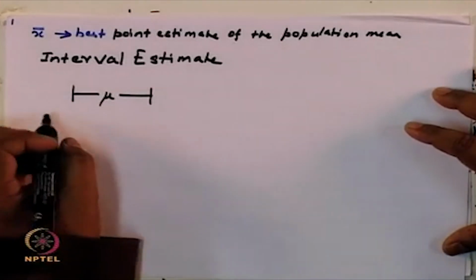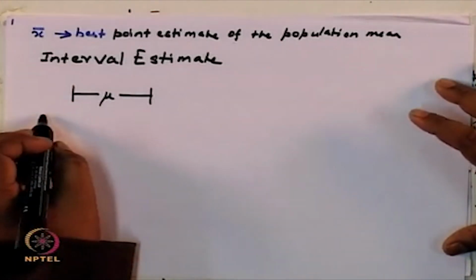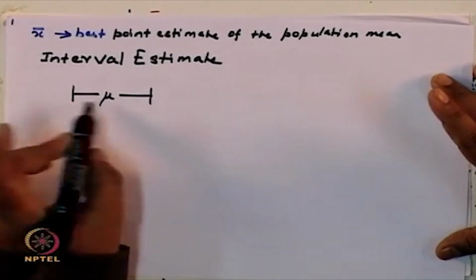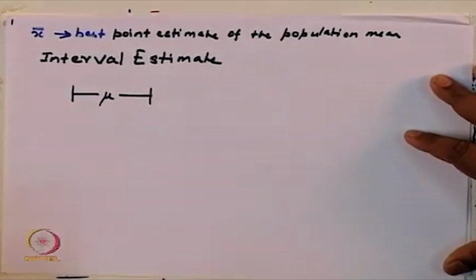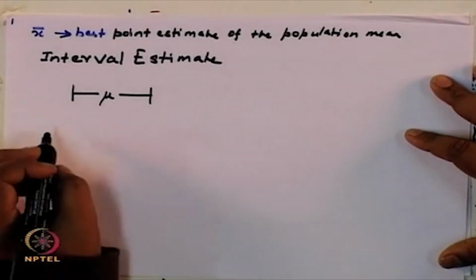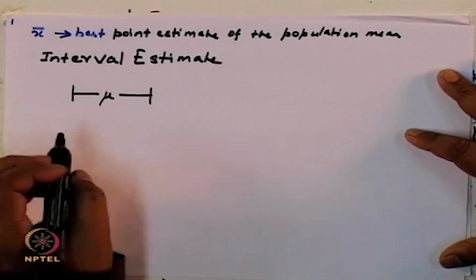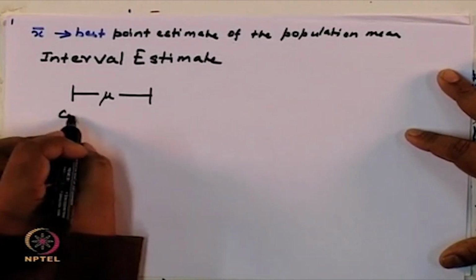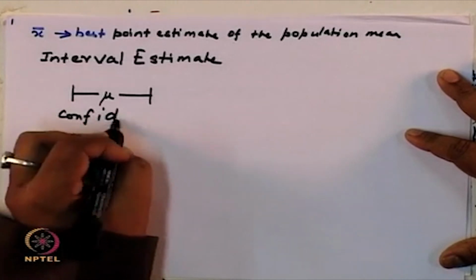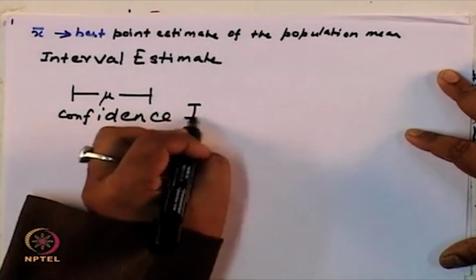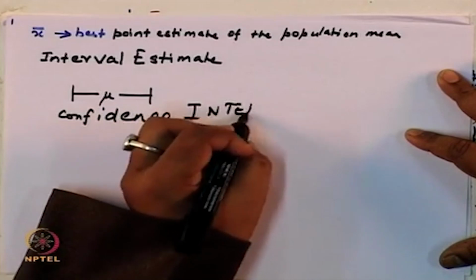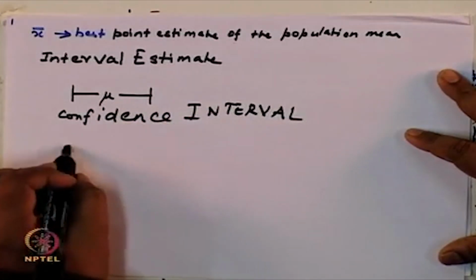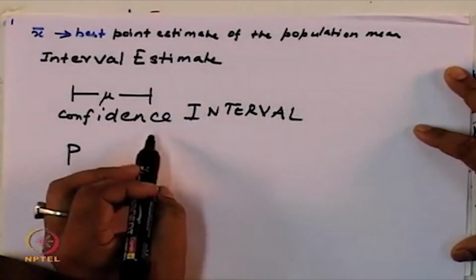This would be a better estimate as opposed to predicting one single value, you give a range over which mu lies. And what we showed was the best way of finding out a confidence interval.